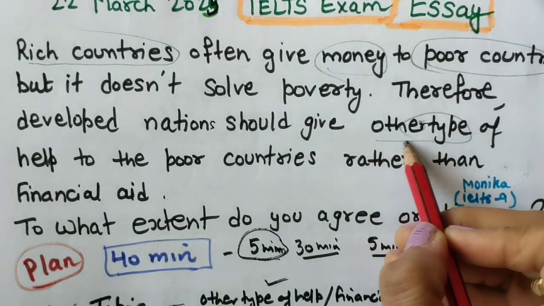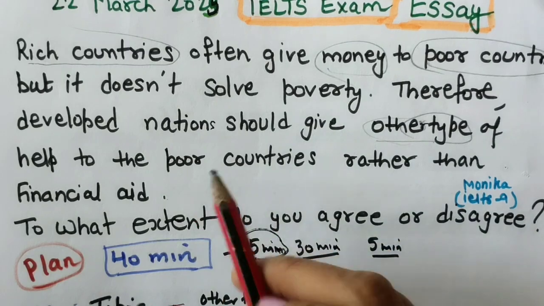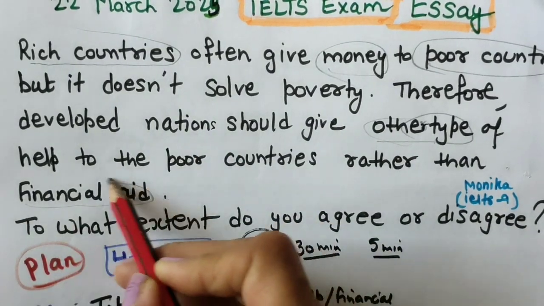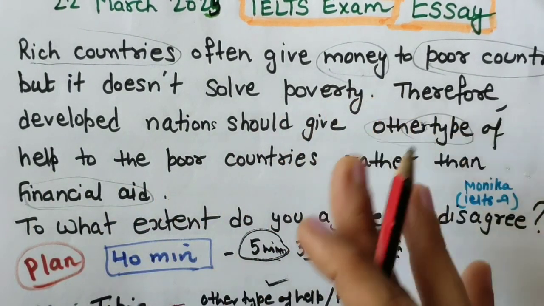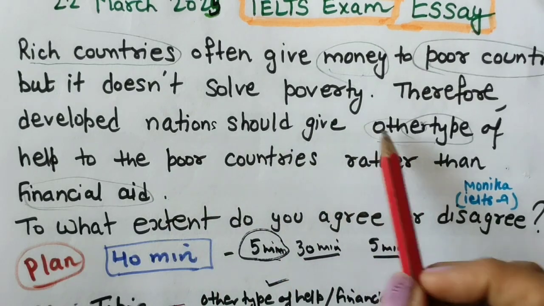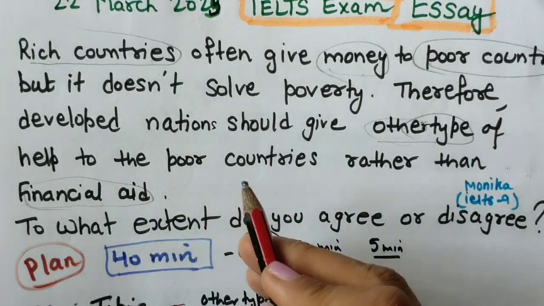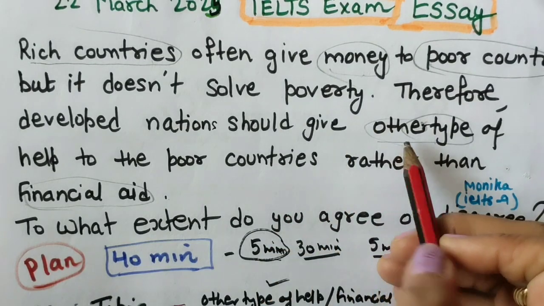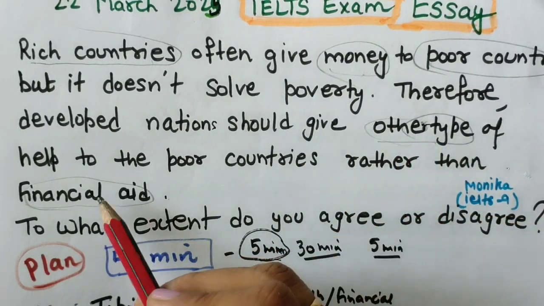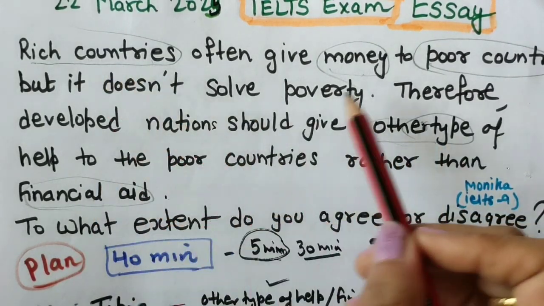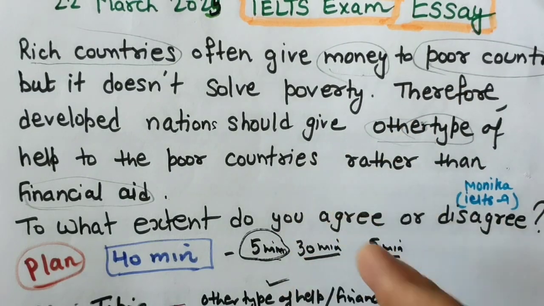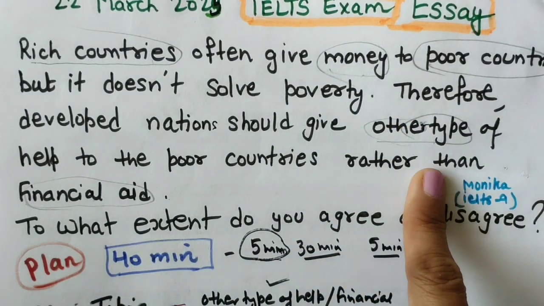These four things we will be writing again and again. Here you can say financial aid or money, this is the same thing. So there are four words, and we are going to repeat them in our essay. If every time we write other type of help, financial aid, rich countries, poor countries, that is not going to help you in getting a 6.5 band score.